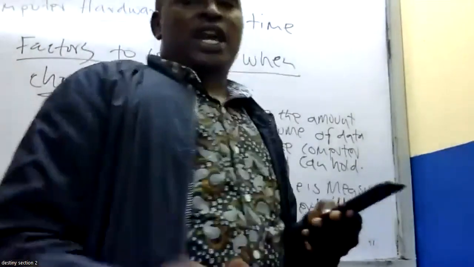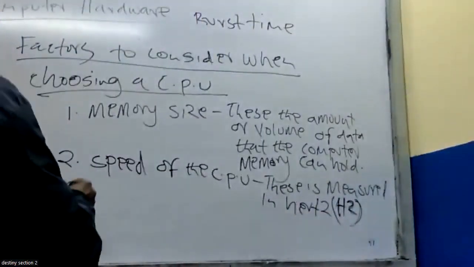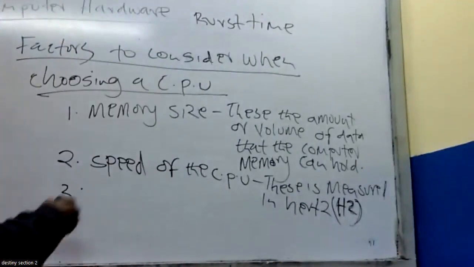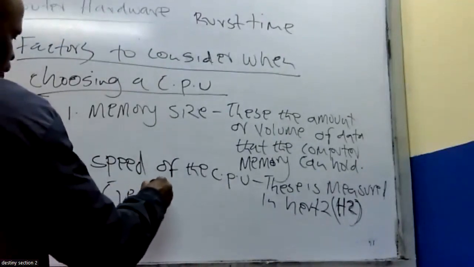And then another factor, number 3 to consider when using a CPU, is the generation of the CPU.